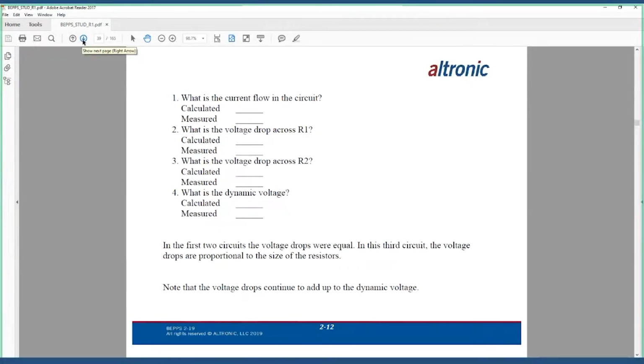The first resistor is just a 1,000 ohm resistor, and we want to calculate what's the voltage drop. We take the amperage, 0.00081 amps, multiply it by our resistance, which is 1,000 in this case.